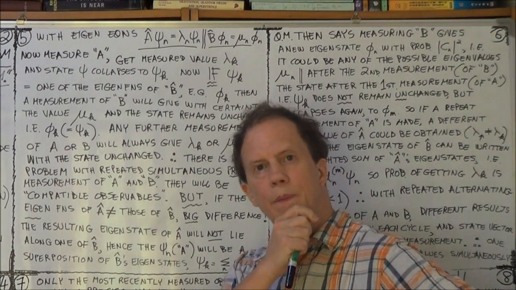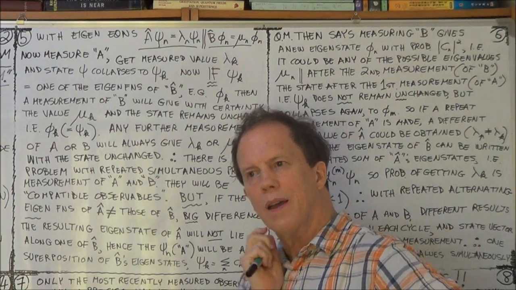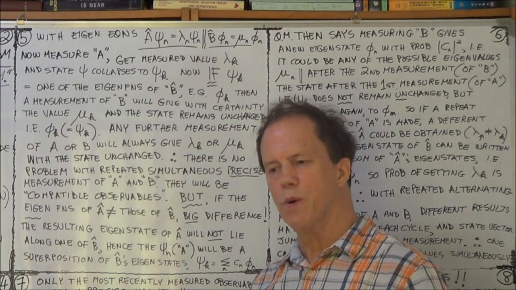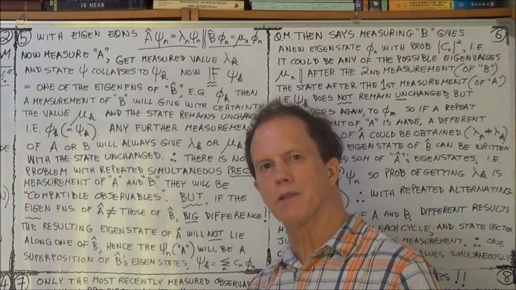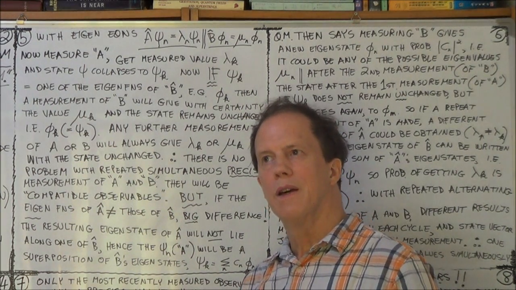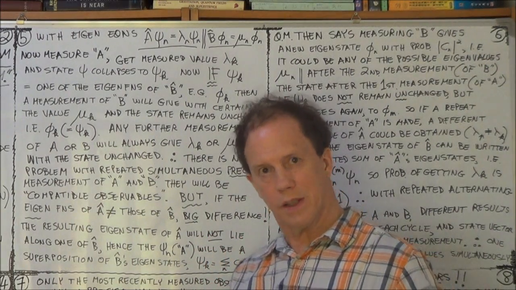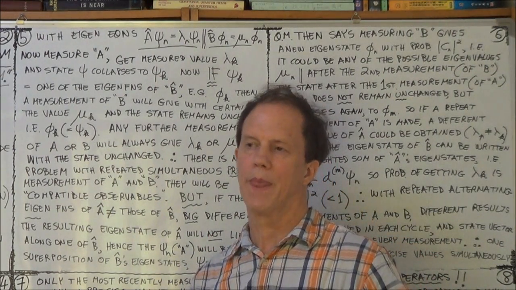So at the earlier session I gave you a hint about a way forward to find some kind of mathematical criterion for distinguishing whether a pair of observables are compatible or incompatible.